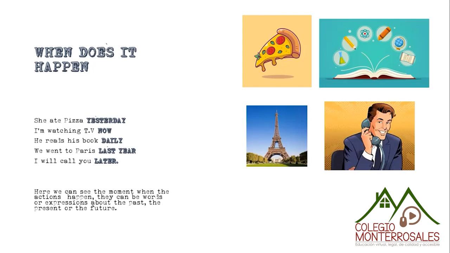And for number five, later is about the future. So here we can see the moment when the actions happen. They can be words or expressions about the past, the present, or the future. Okay, let's move on. I hope this is clear. And let's move on to the second part.